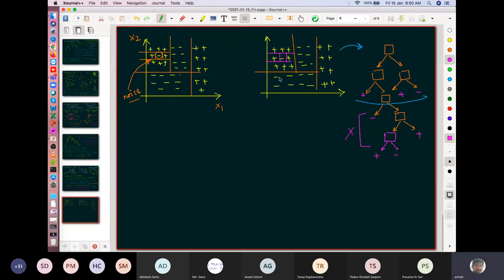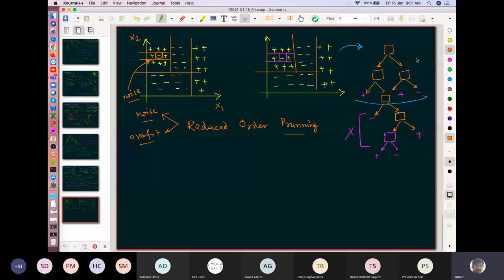I just eliminate this part, which means this pink color part will not be there. This approach is called reduced order pruning. It is particularly useful when you have noise in the training data or you want to reduce the overfit. While you are cross-validating, you see overfit, you prune it or do not grow it up to a certain level. So these two factors are easily handled by this.